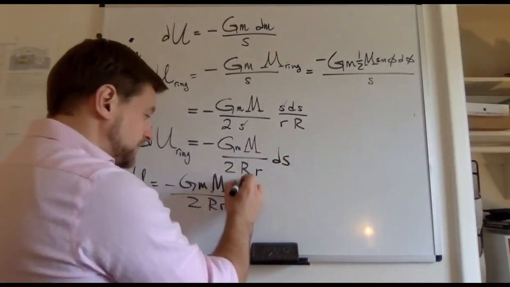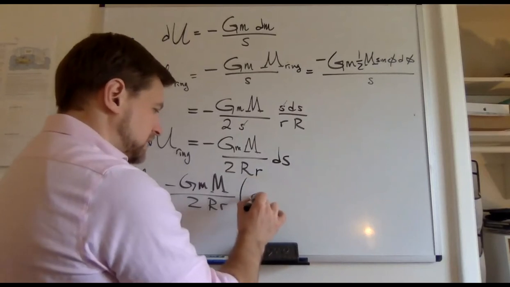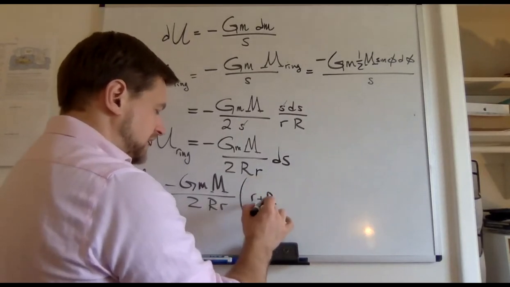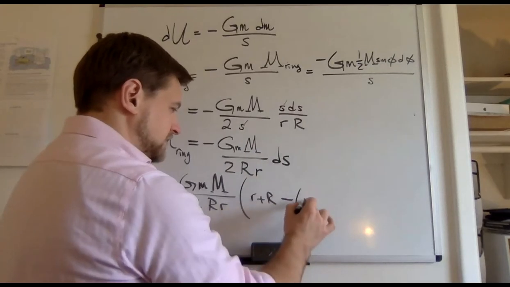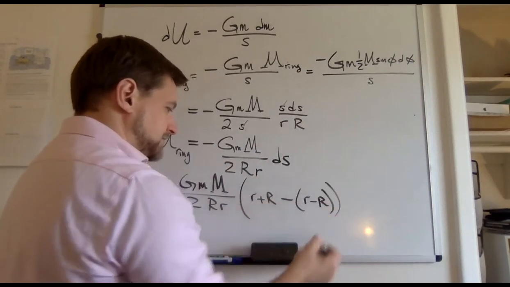s is going to go from r plus capital R at the top end to r minus capital R on the bottom end.